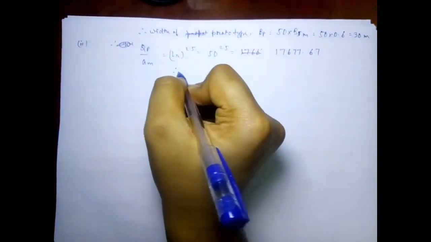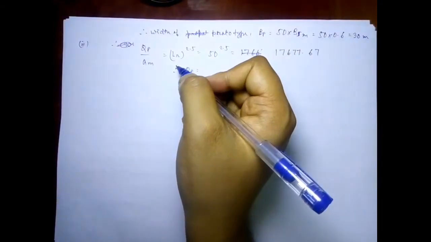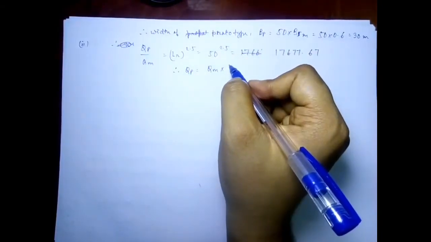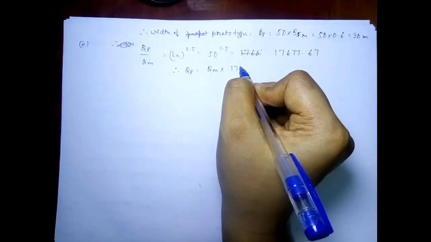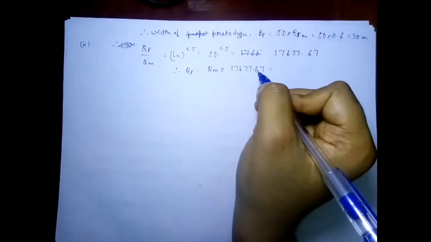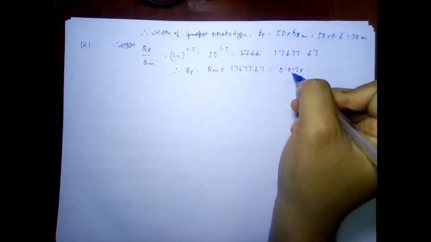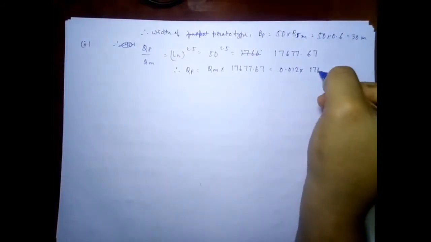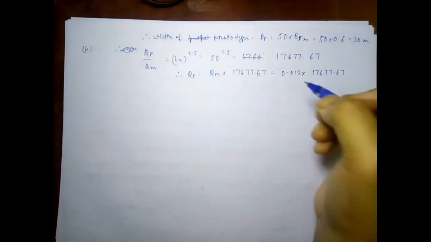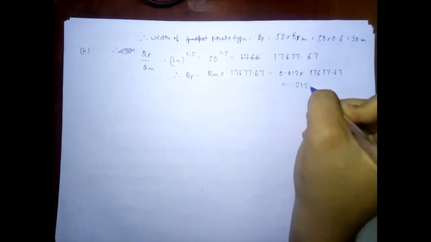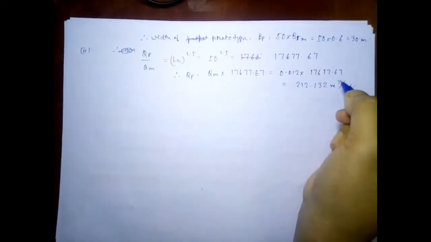So therefore our discharge on the prototype will be QP is equal to QM multiplied by 17677.67, which is actually equal to 0.012 multiplied by 17677.67, and it is equal to 212.132 meter cube per second.